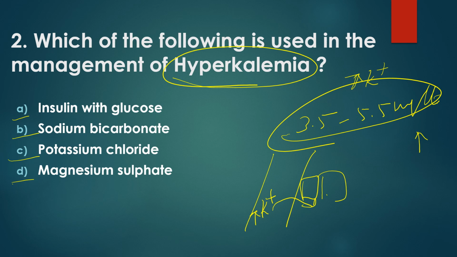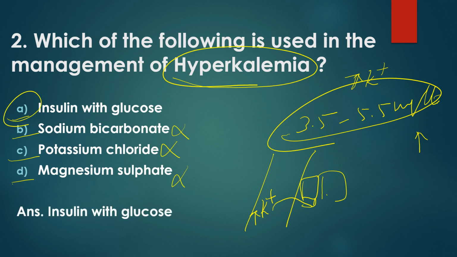Definitely they'll not give potassium chloride because already the potassium level is increased. If they give magnesium sulfate it doesn't work, and sodium bicarbonate is relevant to the acid-base balance. So insulin with glucose they provide. So the answer is insulin with glucose.